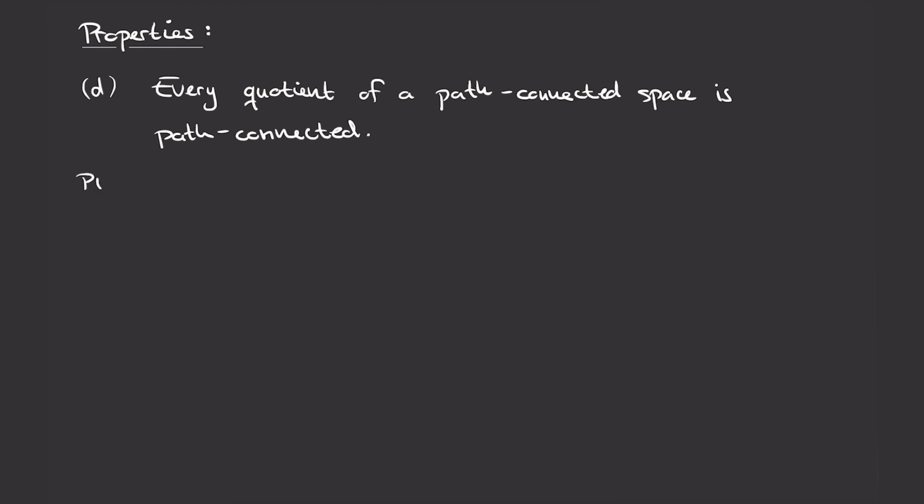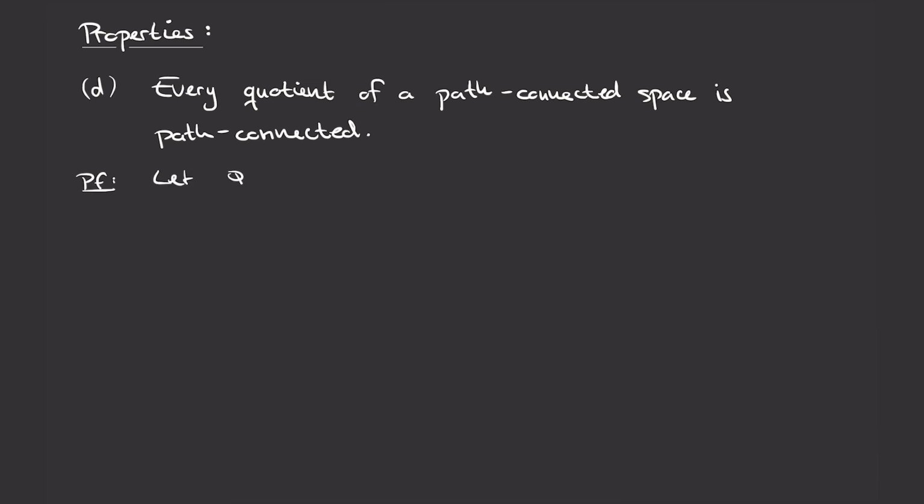And well, the proof is exactly the same as it was for the connectedness property here, because the only thing we're using is that if we have a quotient, then we have a surjective map from the space that we're quotienting to the quotient space. And well, if that original space was path-connected, then the image of that space is the entire quotient space under a continuous map, and this will also be path-connected by property A we saw in the beginning.